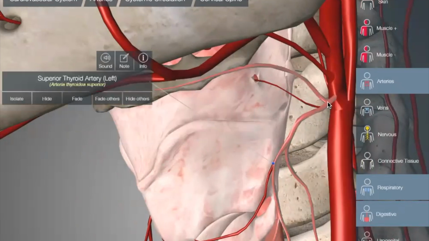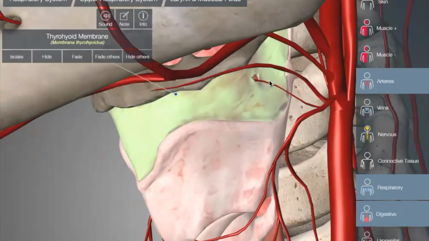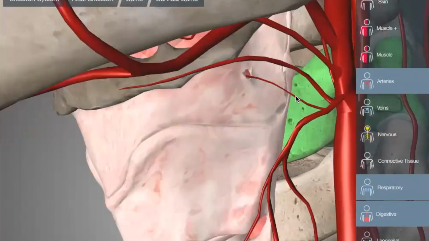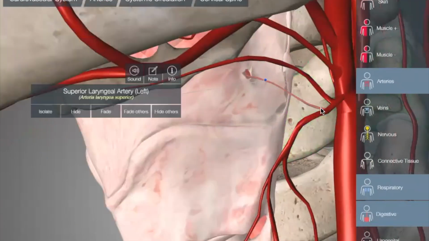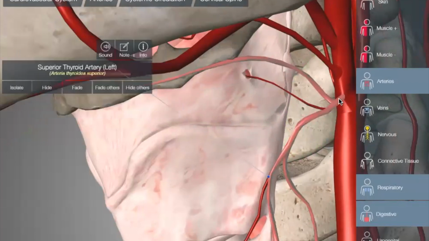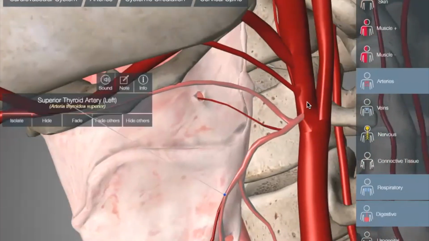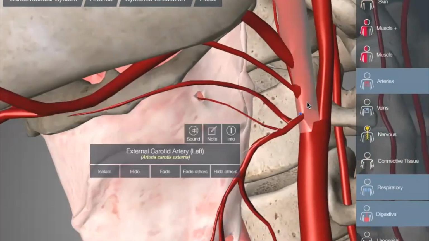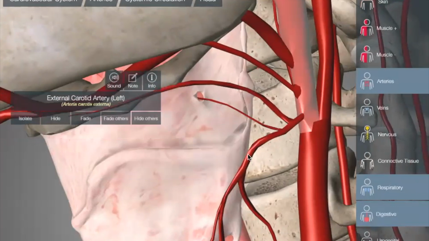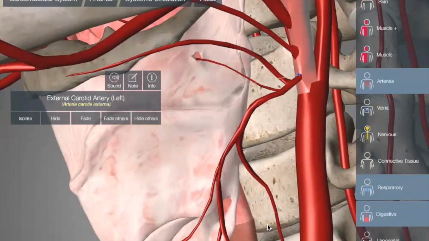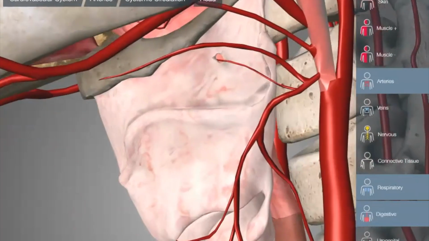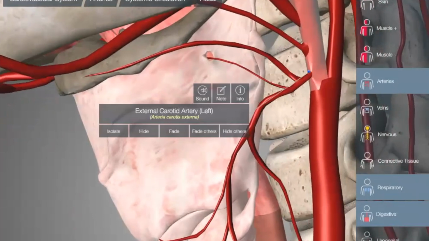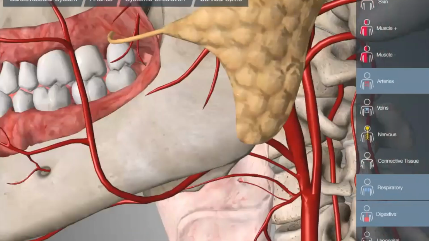So the superior thyroid artery gives a branch called the superior laryngeal to supply the superior part of the larynx. The superior thyroid artery springs from the external carotid artery. Okay. The next thing is the inferior laryngeal, and I think it is this one. Yes.